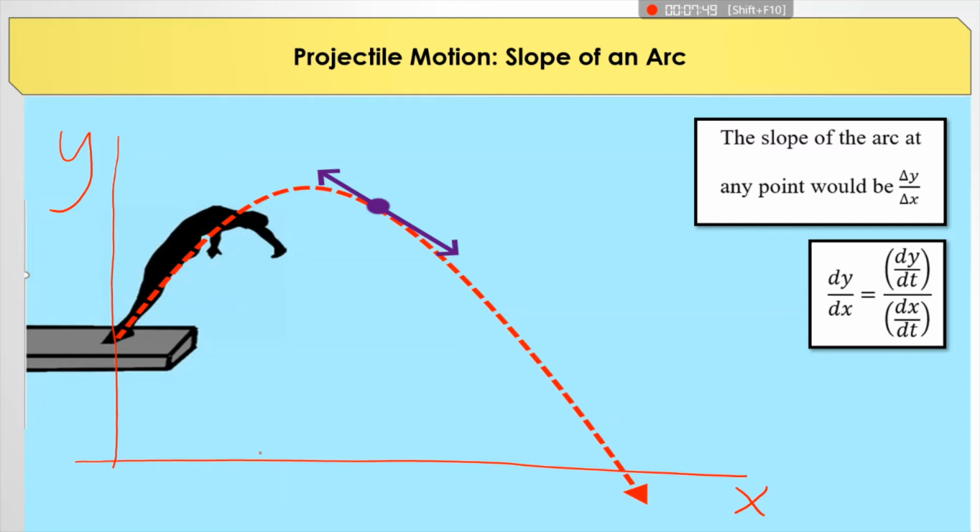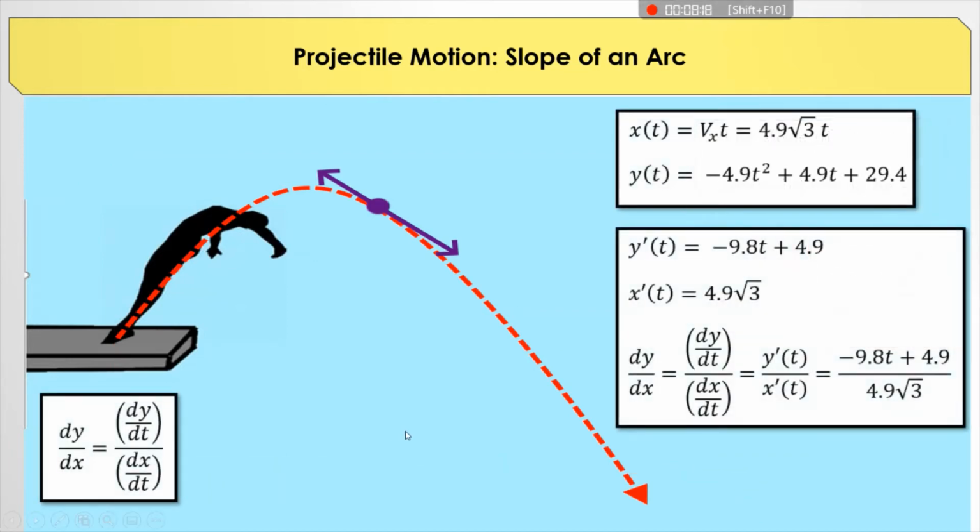This slope would then be rise over run, or your change in height over your change in displacement from the diving board, which is just dy/dx. If I want to find that using our horizontal and vertical velocity components, we can do that. My change in y over time divided by my change in x over time means that my 1 over dt will cancel, leaving us with just dy over dx.